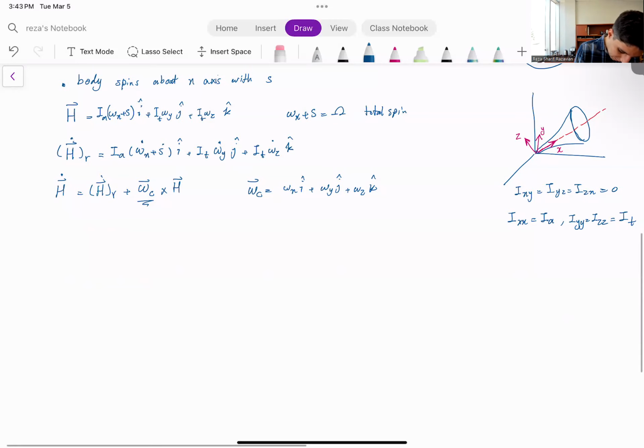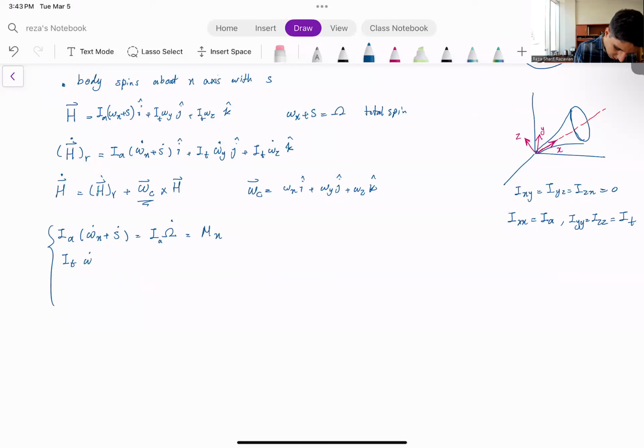And from here, I have IA, the axial moment of inertia, times (omega dot x plus s dot), which we call big omega dot, IA, equals Mx, moments about x.